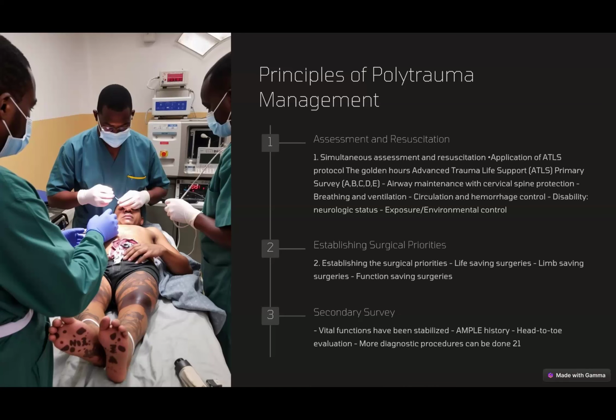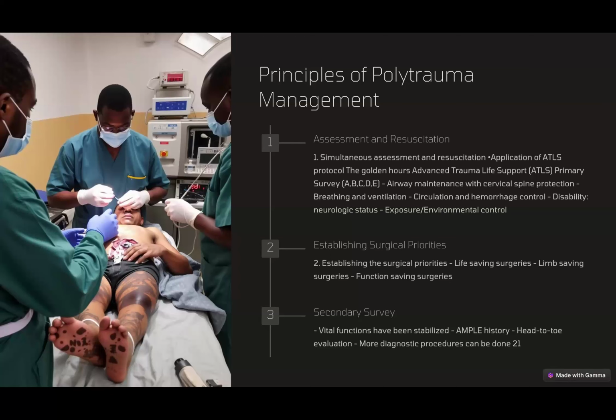So you could perform initial interventions like give IV fluids through the 2 large bore IV cannulas, and then also look for hemorrhage, because things like massive hemorrhage can cause shock, which is lethal to this patient. So you try to identify it as early as possible and treat.